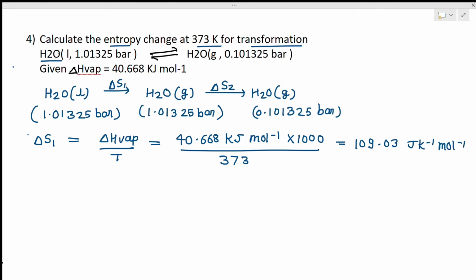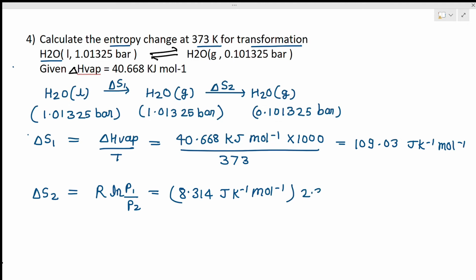Now you have to find out del S2. Del S2 is given by R natural log of P1 upon P2. It means 8.314 joule per Kelvin per mole, this is the value of R, then 2.303, then log of P1 upon P2.